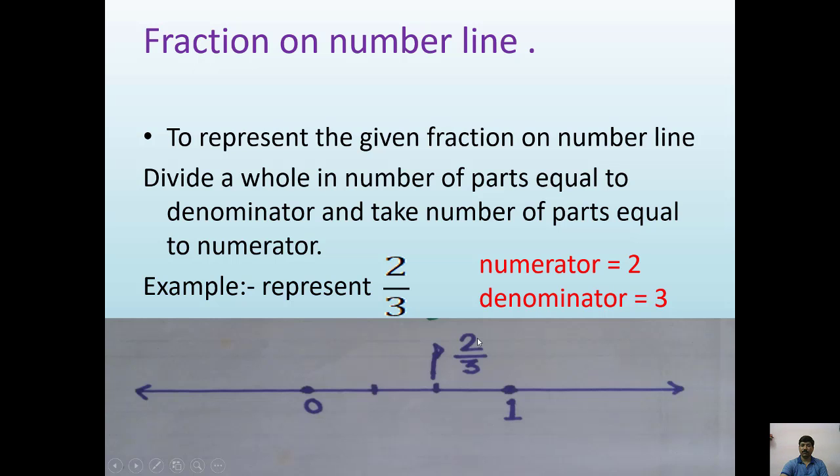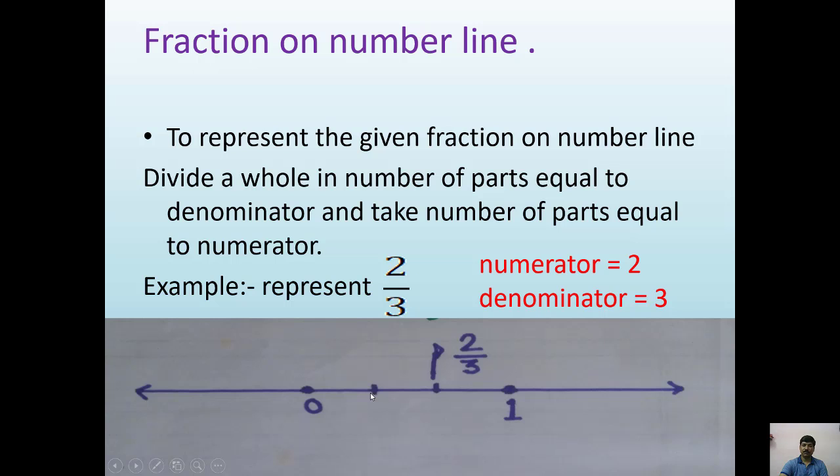We will divide between this whole 0 and 1. 0 is a whole number, 1 is a whole number. But this fraction is not 0, so it has a value greater than 0, and it is not the whole 1, so it has a value less than 1. In this way we can say 2 upon 3 lies between 0 and 1.